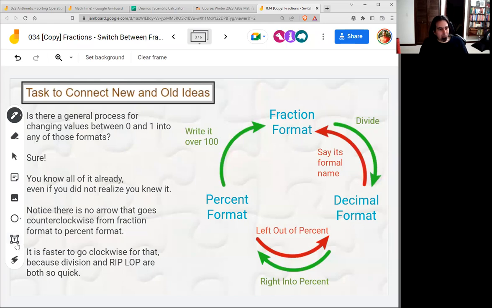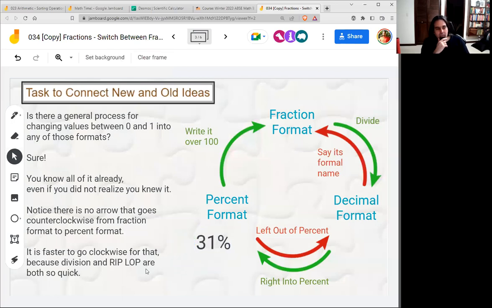You could even make it yourself if you want. Use the text box and you can just type in something like 14% or something. Or you could tell me and I'll write it, whatever you want. 31%. Great. I'm going to make it bigger so we can see it better.